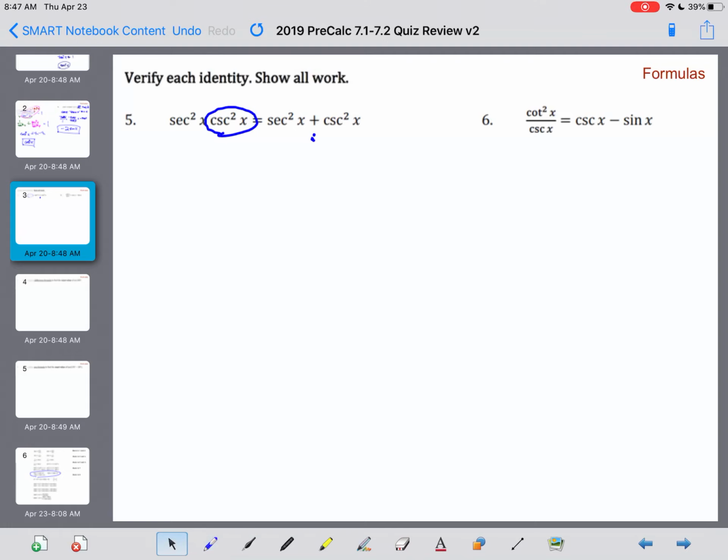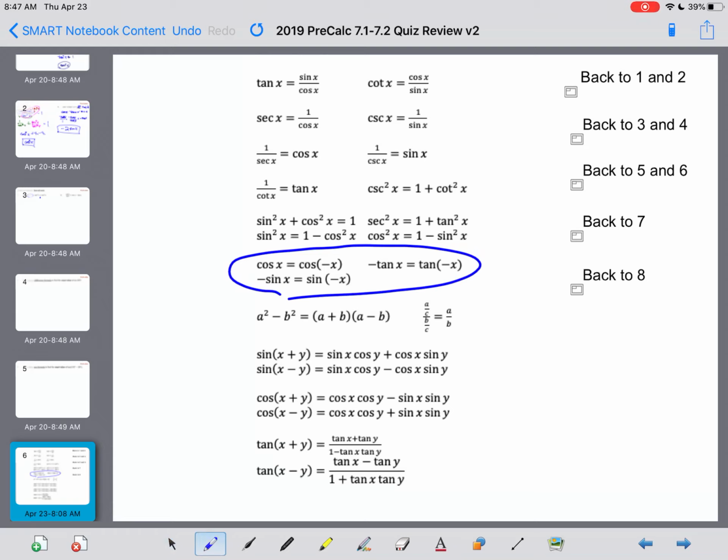So I'm going to go back to the formulas, and again I have that cosecant squared equals this.